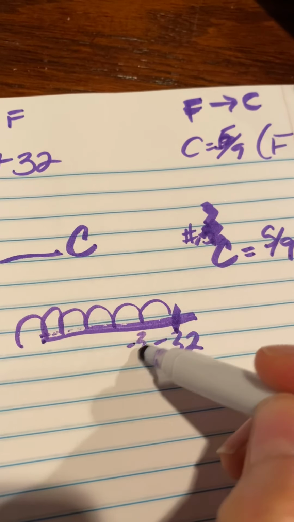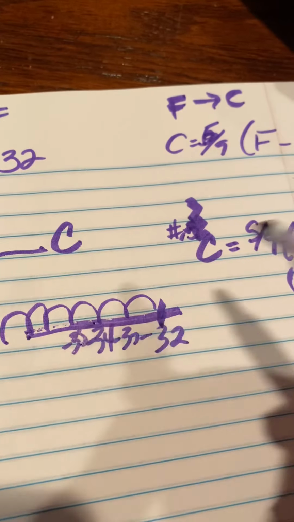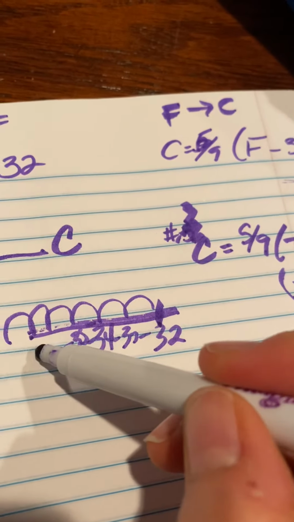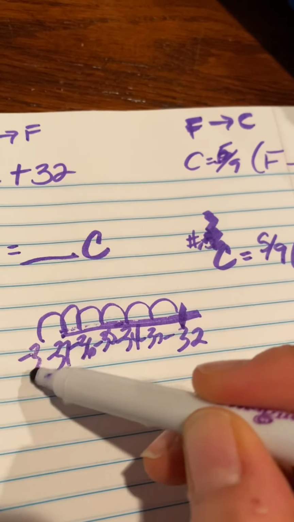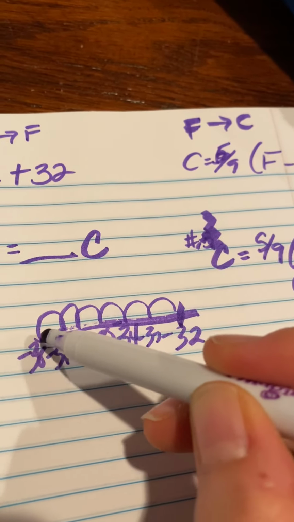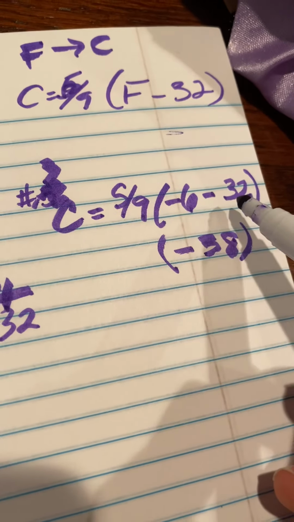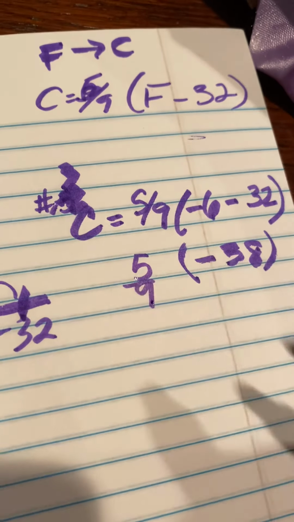And each one of these numbers, -33, -34, -35, did I put 36? No, 38. -36, -37, and -38. So when you move all 6, that's where you end up. -6 minus 32 is -38. Okay, then we multiply that by 5/9.